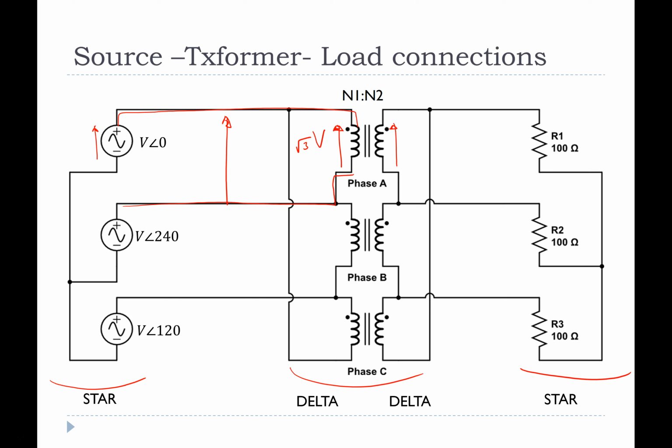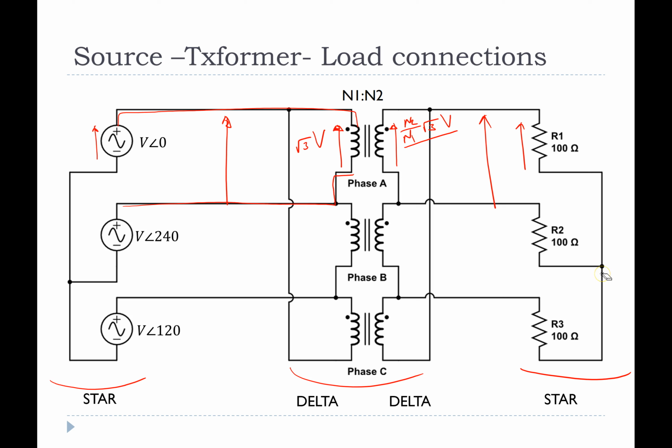And then on this side, I would get N2 on N1 multiplied by √3V. Now on this side of the transformer, the load is connected in star. Because there is a star load, I know that the voltage across here is not the voltage from line to line, because what I'm connected to here is the neutral point.